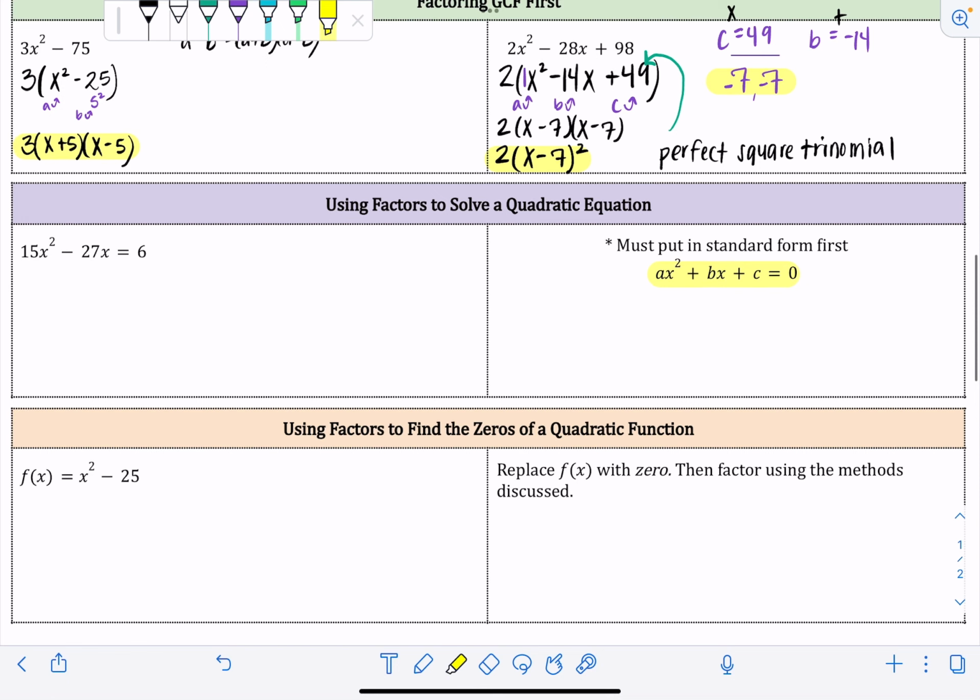To get this equation to look like that, we have to subtract over our 6 first. So we do minus 6 minus 6. And then everything else we just copy down: 15x squared minus 27x minus 6 equals 0.